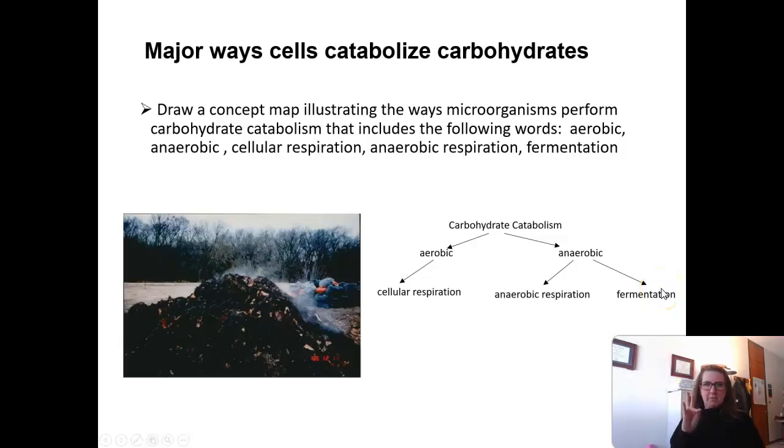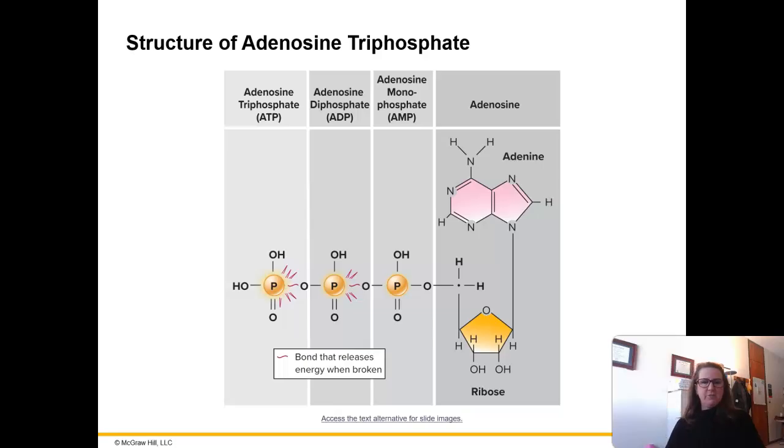Essentially we're going to talk about cellular respiration, then anaerobic respiration, and then fermentation. And you should know they all make itty-bitty amounts of energy, but cellular respiration makes oodles and goodles more than anaerobic and fermentation. Okay, for those of you that are still thinking about ATP, this is what it looks like. Here's our adenine with the ribose, so we call this adenosine.